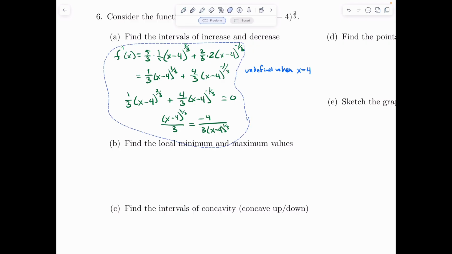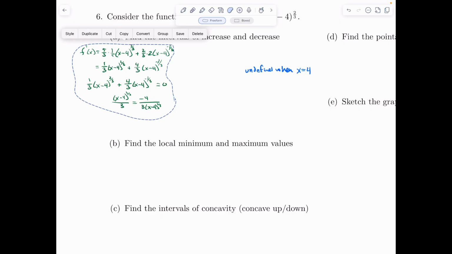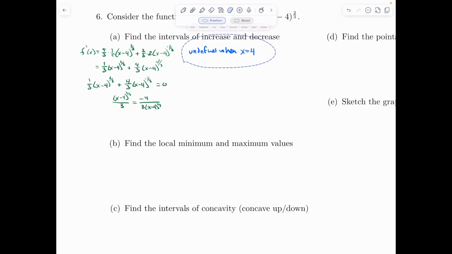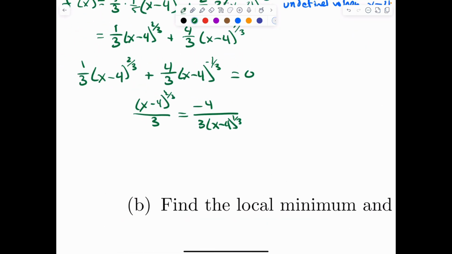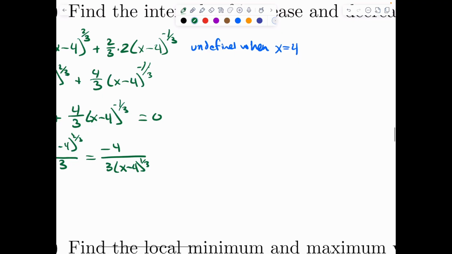And I need to make more room. Okay, so at this point, you can think of this in a bunch of different ways, but multiply both sides by x minus 4 to the 1/3, or 3 times x minus 4 to the 1/3 power. We can do that because we've already accounted for when x equals 4.